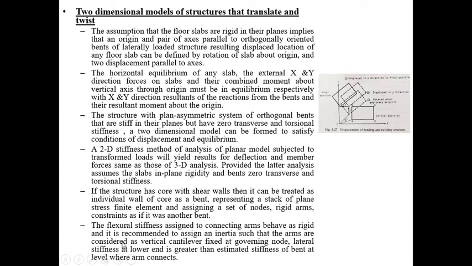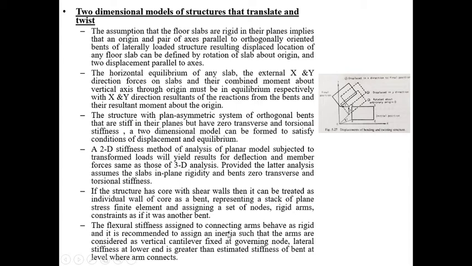Then the flexural stiffness which is assigned to these connecting arms, that is, as we have seen, auxiliary rigid arms, it is recommended to assign an inertia such that the arms, whatever arms are considered, act as vertical cantilevers fixed at the governing node, and the lateral stiffness at the lower end will be greater than the estimated stiffness at the level where the arm connects.